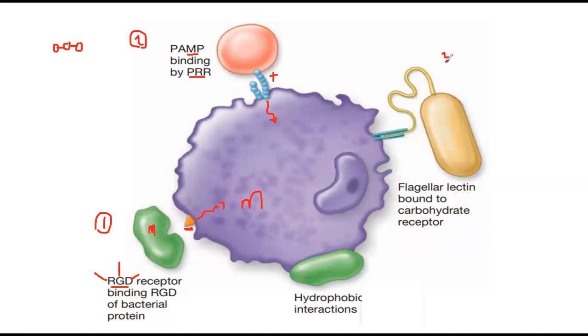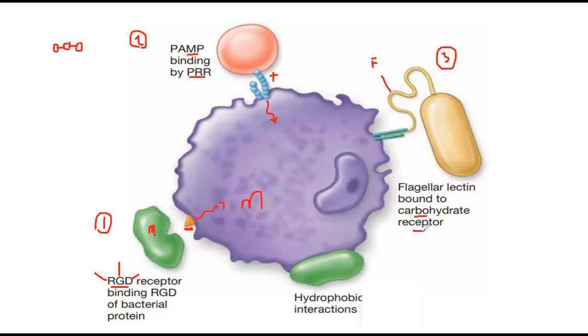The third one is the flagellar lectin. This is also a type of receptor. A lectin is a special type of protein, and it is mostly present in the flagella of the microorganism. This lectin is detected by a receptor that is basically a carbohydrate receptor.